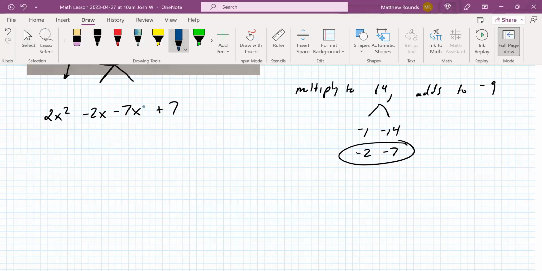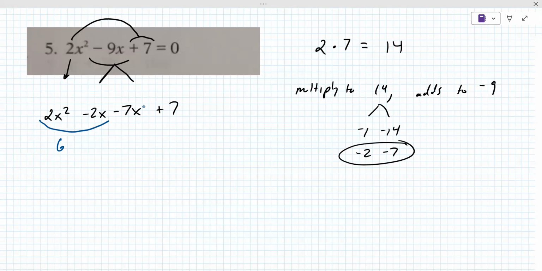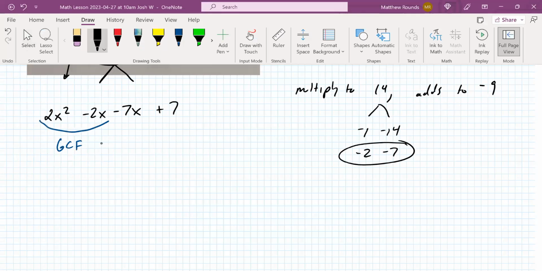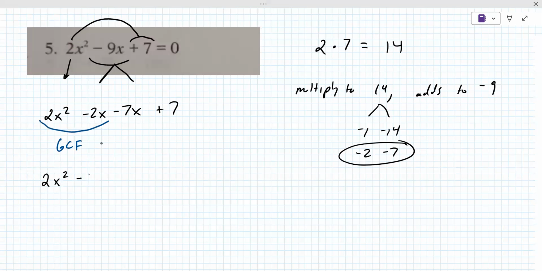You look at the first two terms and you find the GCF. What is the GCF between the first two terms? Greatest common factor. I'm asking about the numbers between the 2 and the 2.